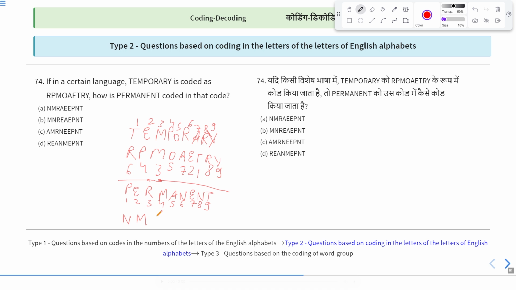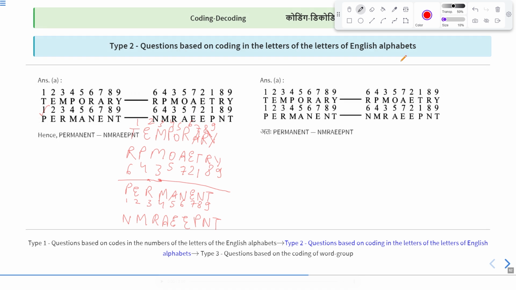Four, three, 5, 7, 7, then 2, 1, 8, 9. N, M, R, A, E, P, N, T, which is option number A.